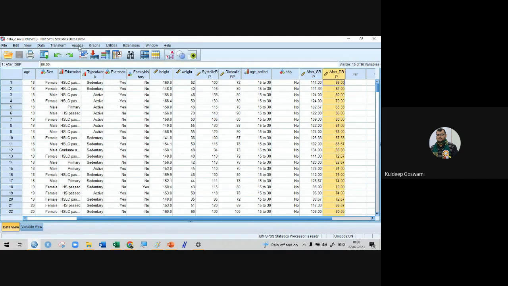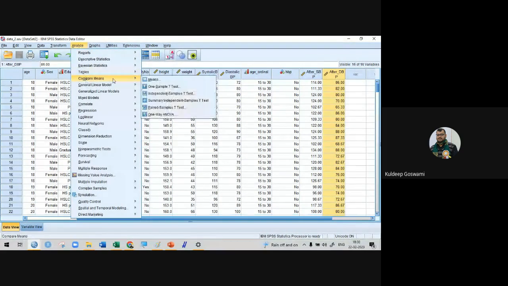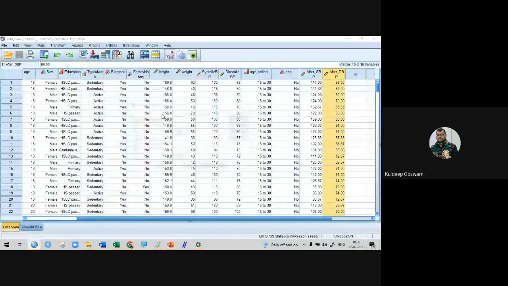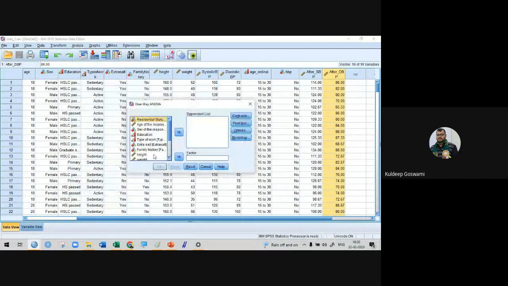In that case, go to Analyze, Compare Means, repeat the same procedure, One-Way ANOVA, systolic blood pressure, then type of work.